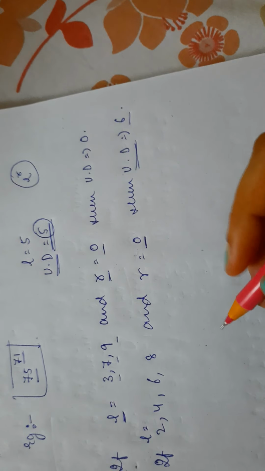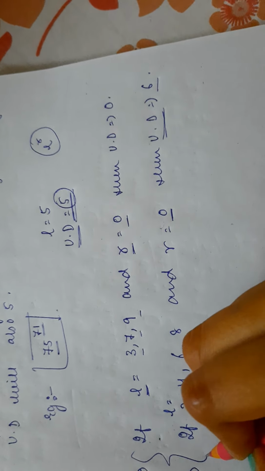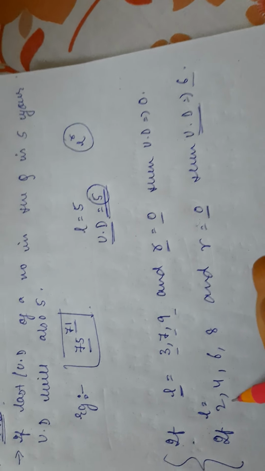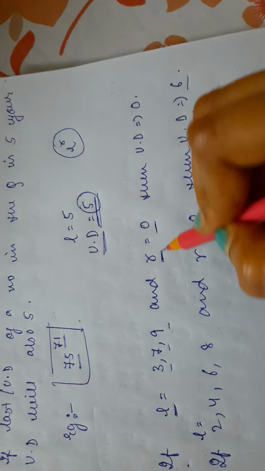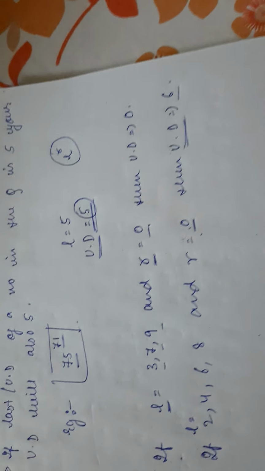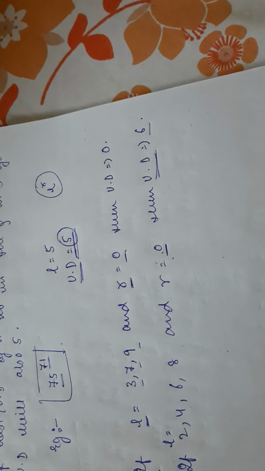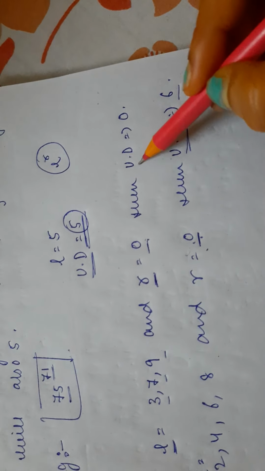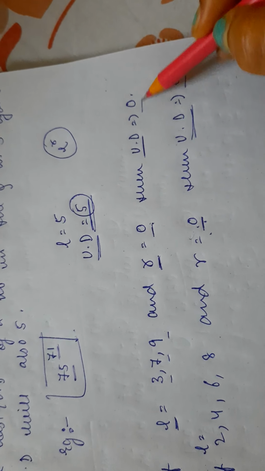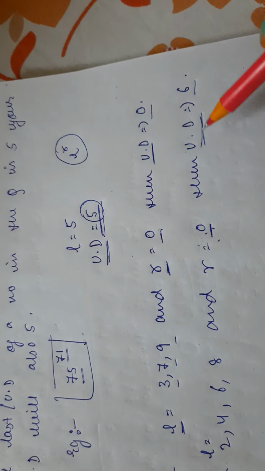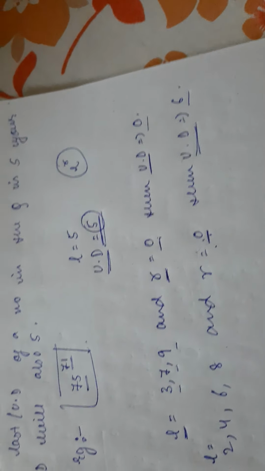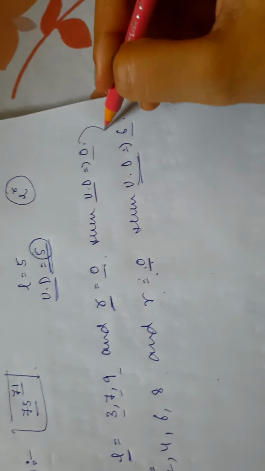So guys, these two are only applicable if your last digit is 3, 7, 9 or 2, 4, 6, 8 and your remainders are 0, after you got your cyclicity and divided it with the powers, and you got the remainder as 0, meaning no remainder. Then you will get the unit digit as 0 for 3, 7, 9 and unit digit as 6 for 2, 4, 6, 8 respectively.